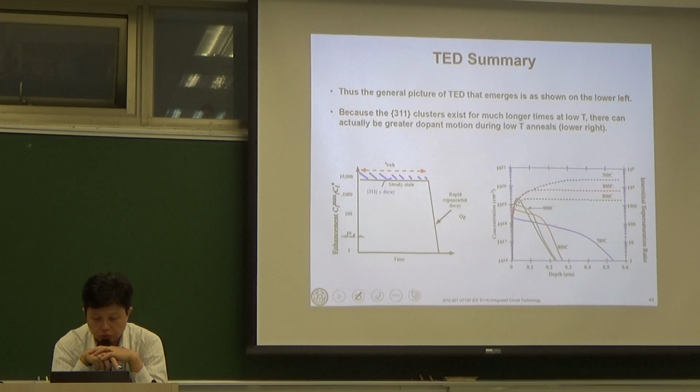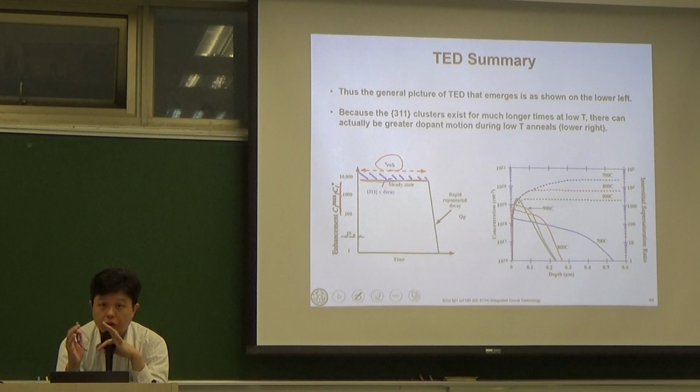So we draw this general picture to summarize the TED process. This is the enhancement, the CI max divided by the CI start. In the beginning, we have like 10,000 enhancement factor, and this is the time of the enhancement. And this blue one is the cluster. You can see the cluster begins to shrink when we increase the annealing time.